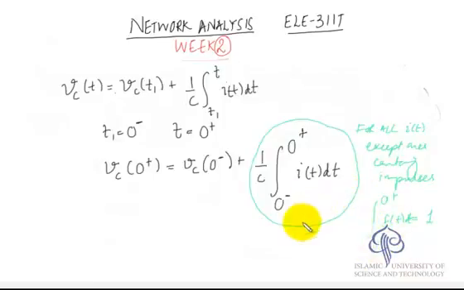So this integral is going to be non-zero only if it has an impulse or a derivative of the impulse, which is not something that we generally encounter. That is why in most of the cases Vc(0 plus) is going to be equal to Vc(0 minus).